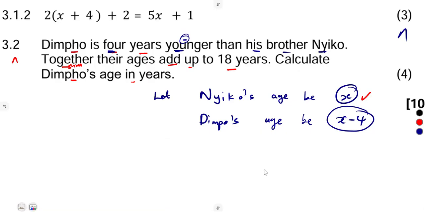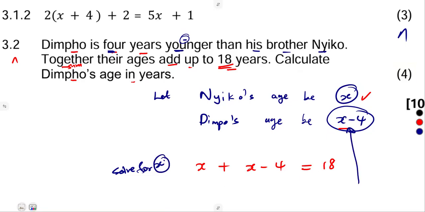So if I take Nico's age, which is x, add to Dimpo's age, which is x minus 4, I must obtain 18, their sum. So we have formed an equation. Solve for x. Then you bring it back here to find Dimpo's age, because x is not Dimpo's age. It's x minus 4. But we must solve x first.